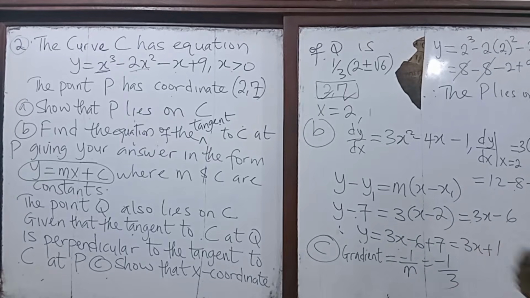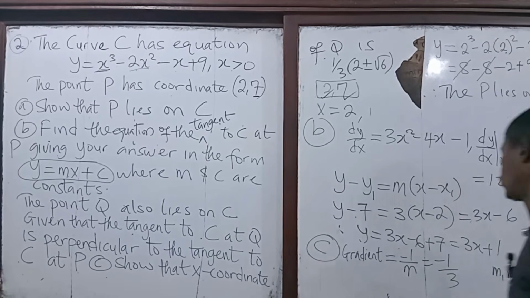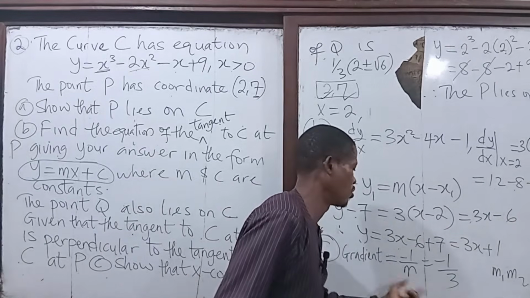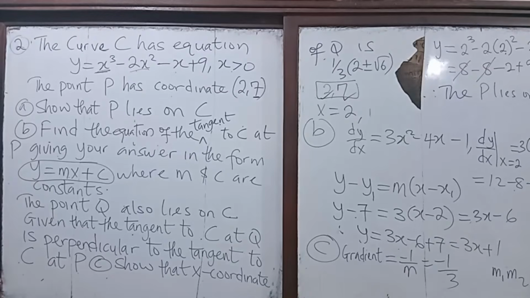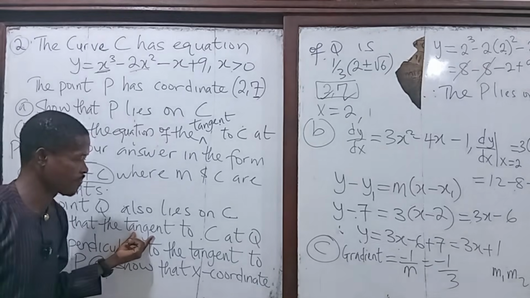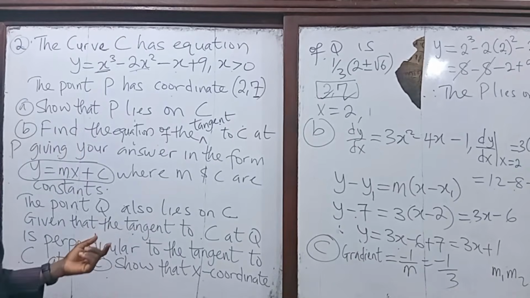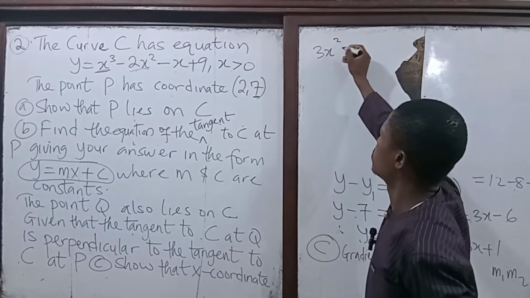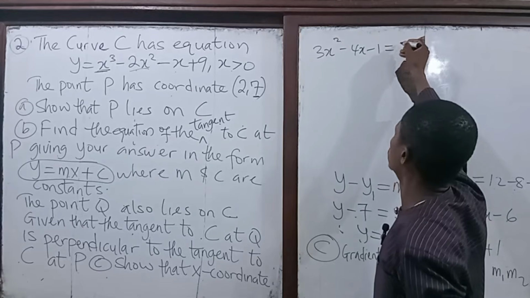Okay, and if they are perpendicular, that means the two slopes, m1 times m2, is equal to what? -1. So that will give you this -1/m. Then we are told that the tangent... So what we are going to do now is to take this equation, which is 3x squared minus 4x minus 1, equal to what?